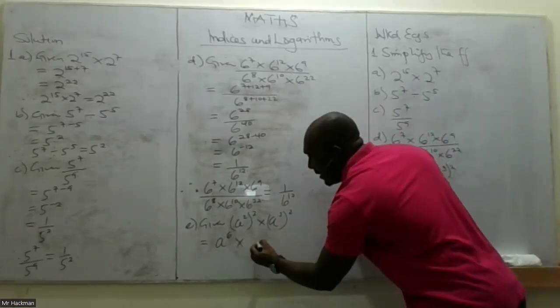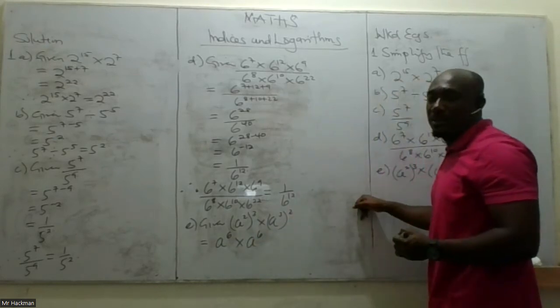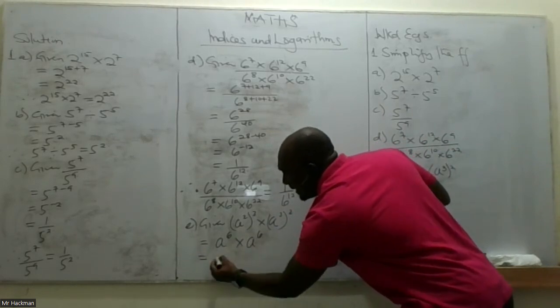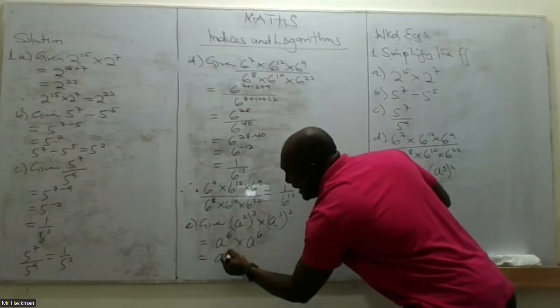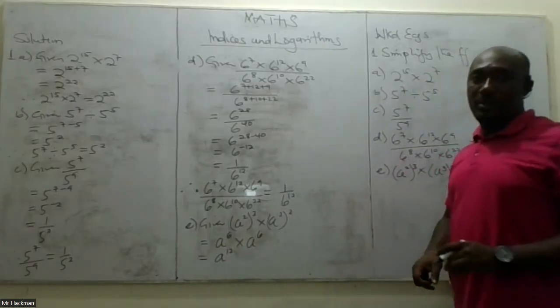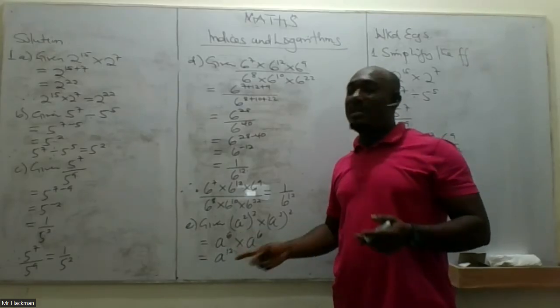Then times, you keep your common base and add the exponent, so you get a to the power 6 as well. So now you have a common base multiplying. So a, you add the exponent, so it will be 6 plus 6, which is what? 12. So now I'm assuming these mature, and that's the more reason why I skipped the step.